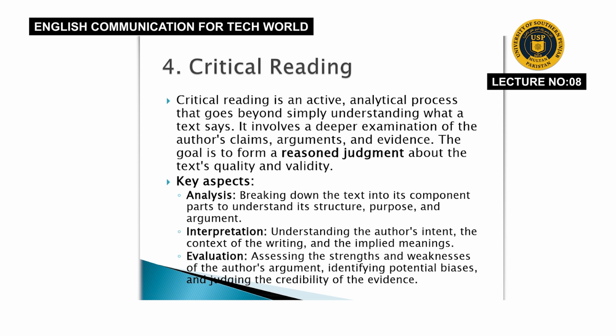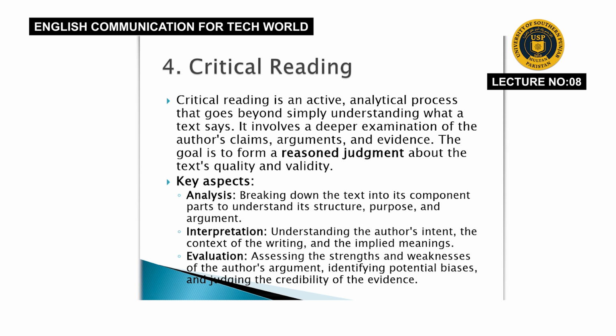The key aspects which you need to concentrate on while doing critical reading: first is analysis. You need to break down the text into components to understand its structure, purpose, and argument. The next important aspect is interpretation.